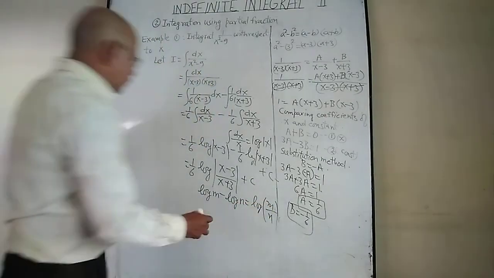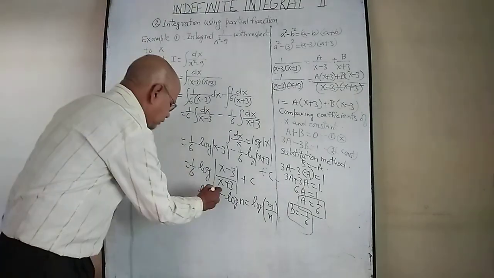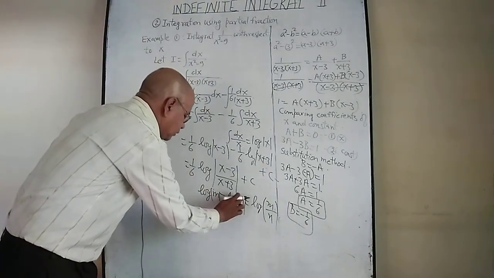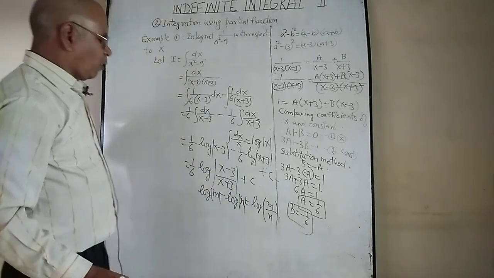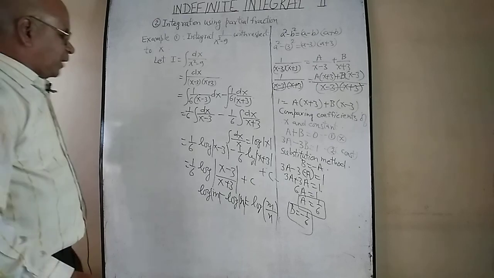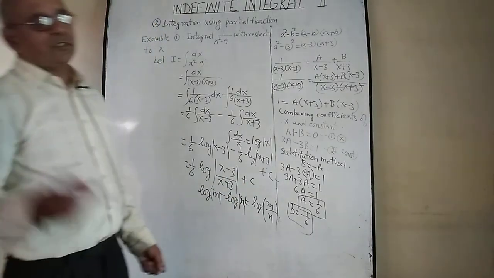And therefore this is equal to the standard form, 1 by 6 log of mod x minus 3 upon x plus 3, and c is our integrating constant, as we already explained.